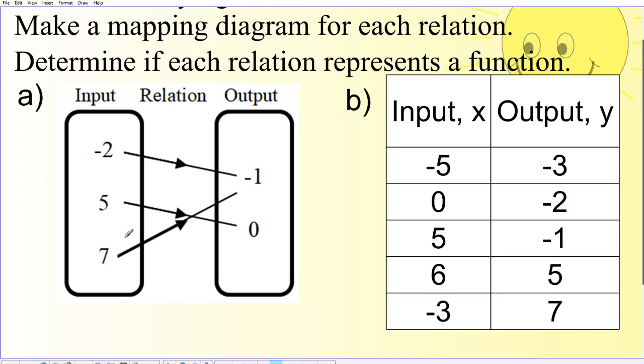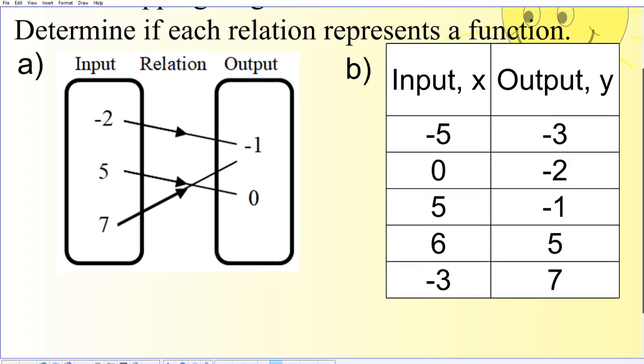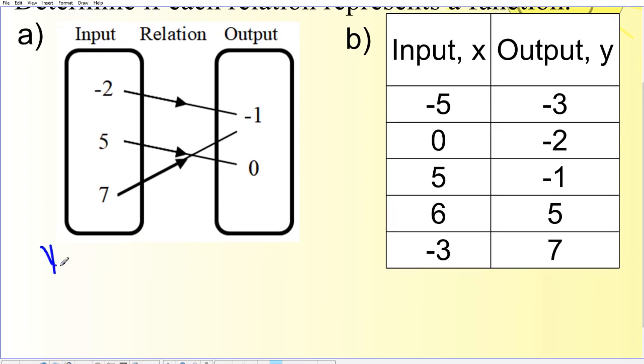Do you see how the number -2, if I plug it into the function, spits out an answer of -1. 5 spits out the answer of 0. 7 spits out the answer of -1. Okay? So I don't have to make a mapping diagram. There's already one made for me there. So what I need to do is determine if this is a function or not. And I will tell you right now, the answer for this first one is yes, it's a function.